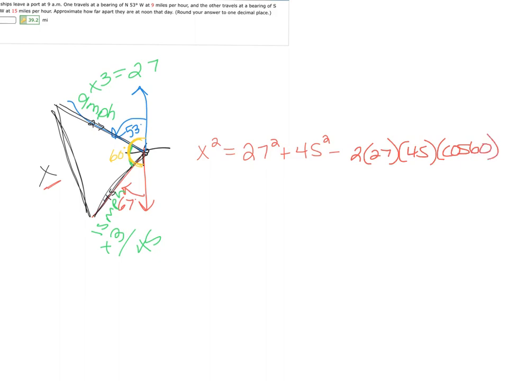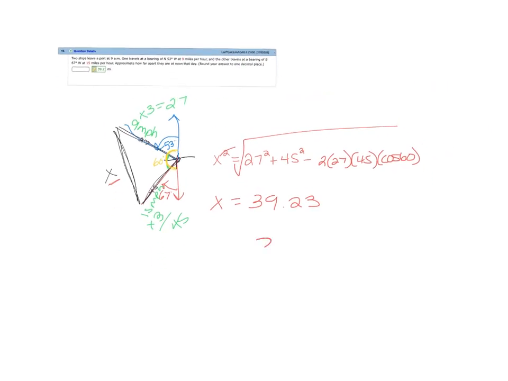Then I'm going to type it in underneath the root. Second square root, 27 squared plus 45 squared minus 2 times 27 times 45 times the cosine of 60. 39.23, and it's rounded to the nearest tenth, right? 39.2 miles.